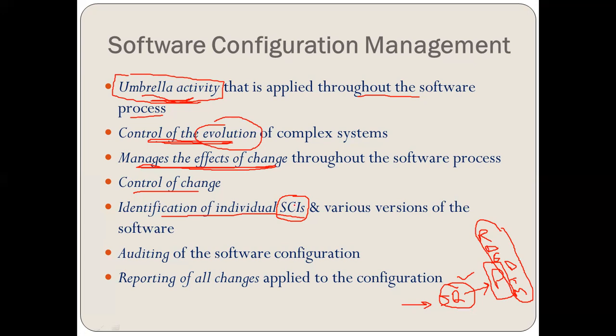Those are termed SCIs. So I have to identify individual SCIs and various versions of the software. Then auditing takes place, and lastly reporting of all the changes which are being applied to the configuration, right? So these are the main points which you have to remember for software configuration management, right?